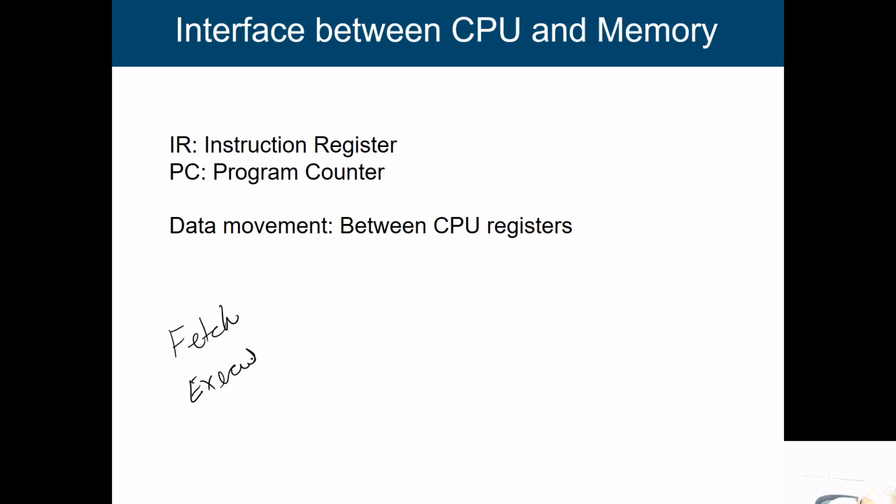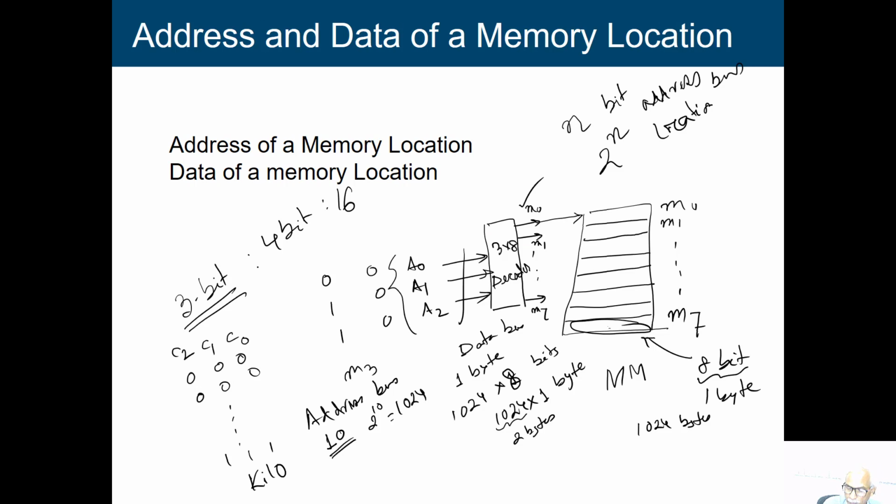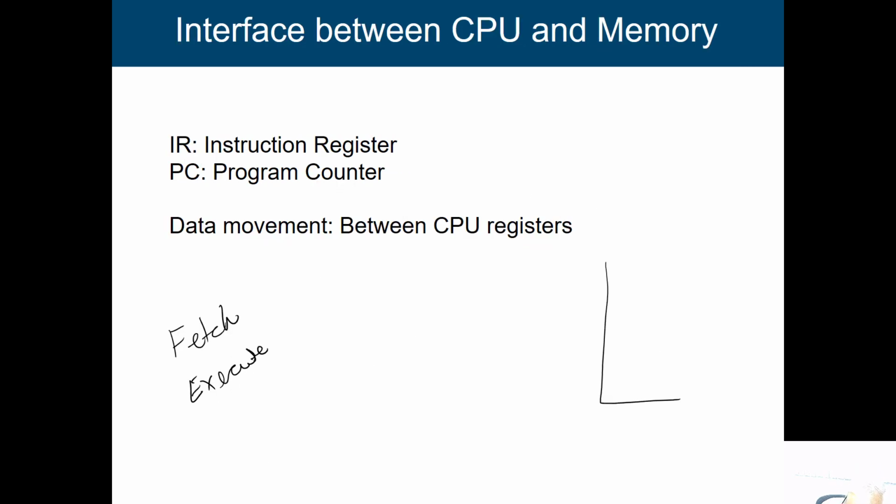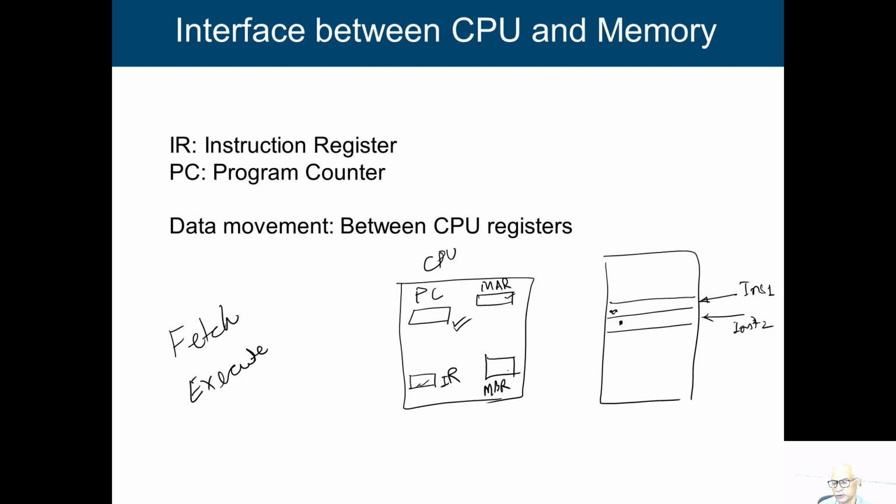When we fetch an instruction, we fetch it from a particular memory location. Say at a particular point, I am working with instruction 1, then the next instruction will be instruction 2. We are going to read information from this particular instruction. So, we bring it. We know that we are fetching an instruction.